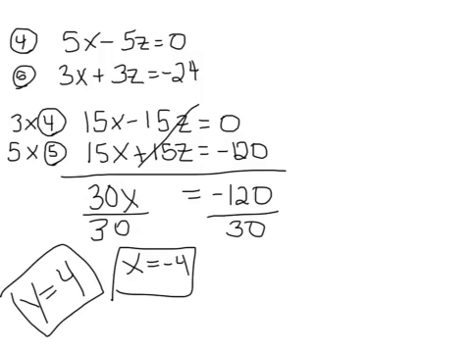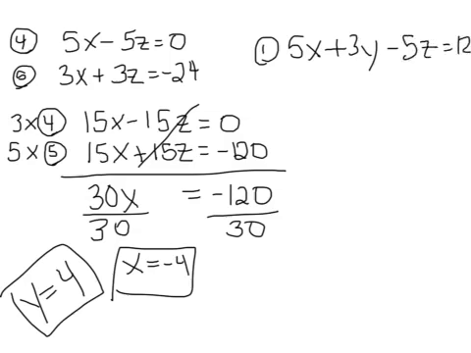So, for example, equation 1 was 5x plus 3y minus 5z equals 12. So if I put in what I know, 5 times negative 4 plus 3 times 4 minus 5z equals 12.